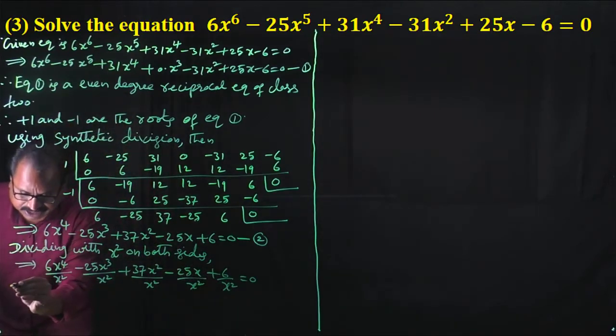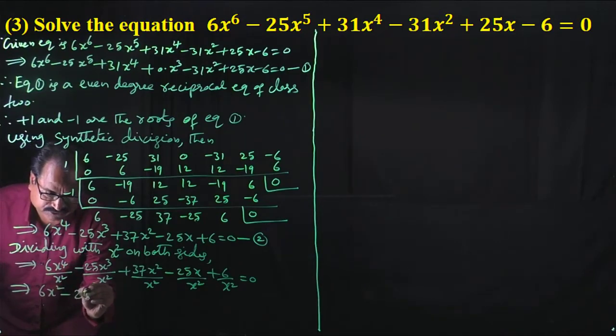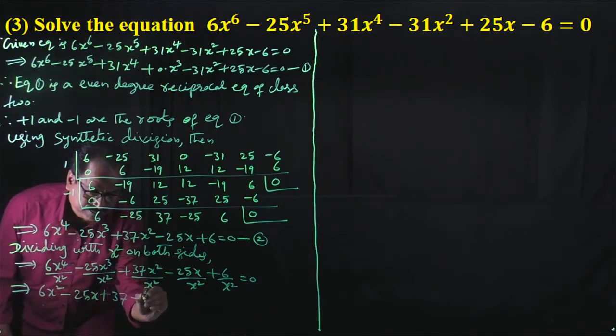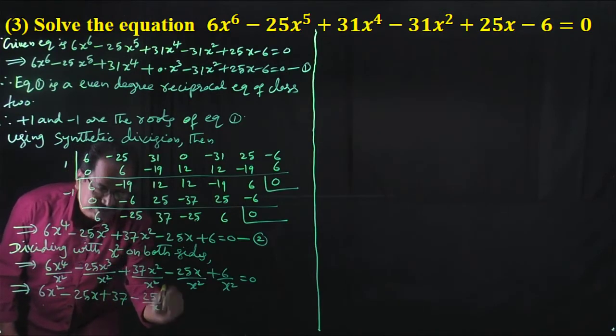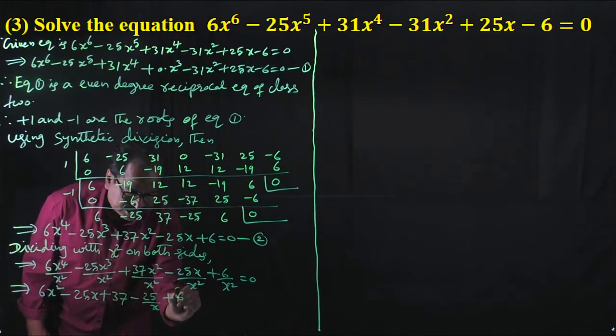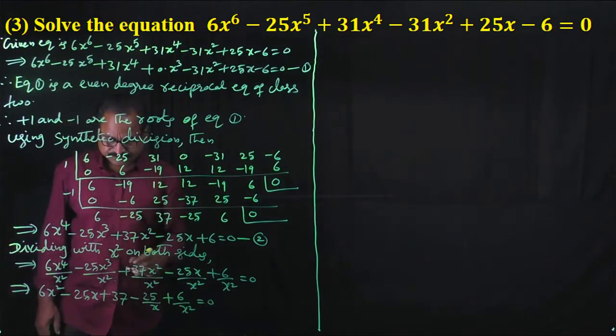So this implies 6x square minus 25x plus 37 minus 25 by x plus 6 by x square is equal to 0.